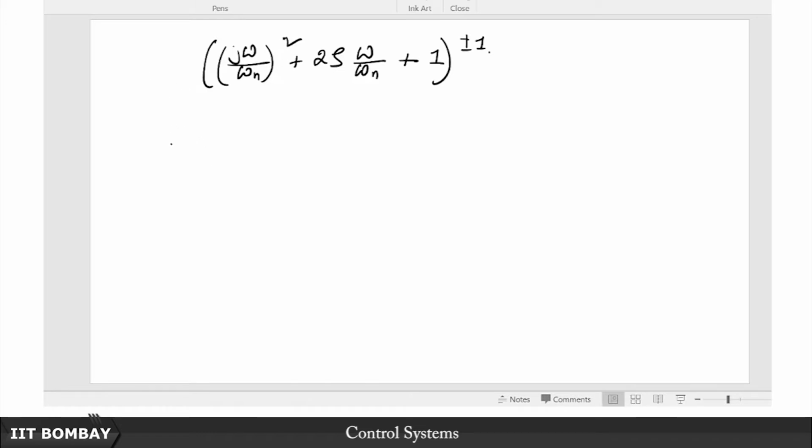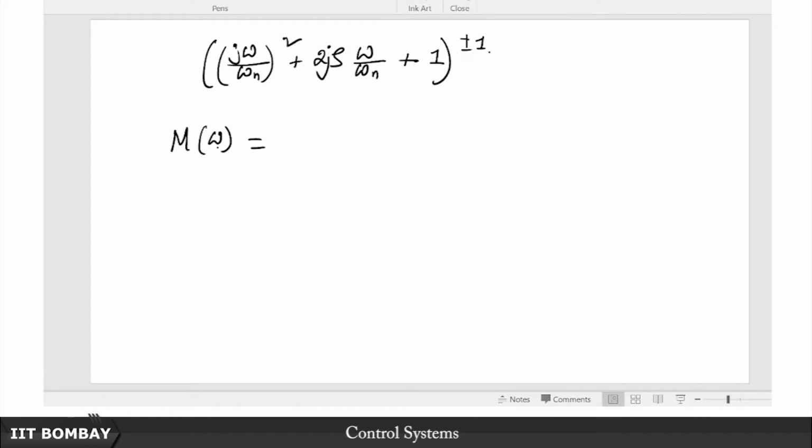The magnitude function for this would be, you can see that this is j omega, so when it's squared it becomes real, j squared is minus 1. So this minus (omega over omega n) whole squared will team up with this 1 to give you the real part.